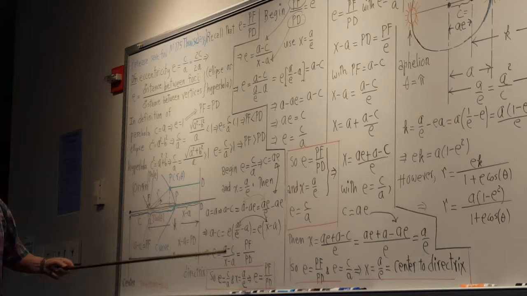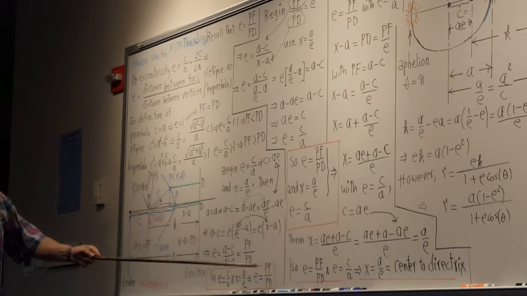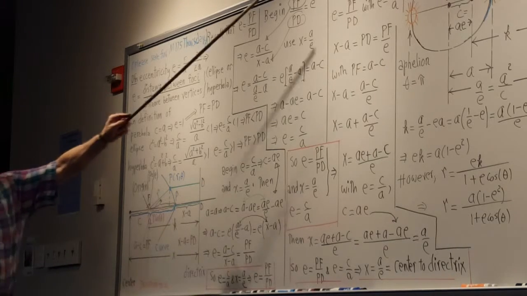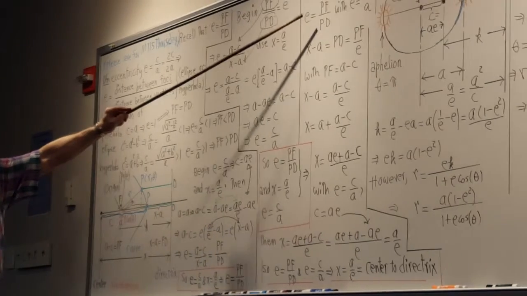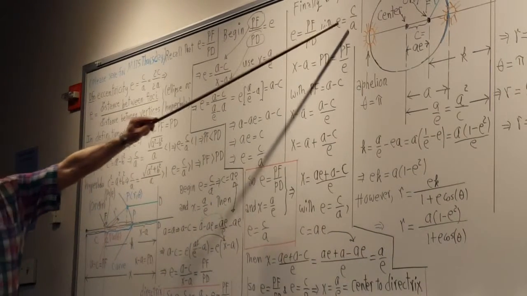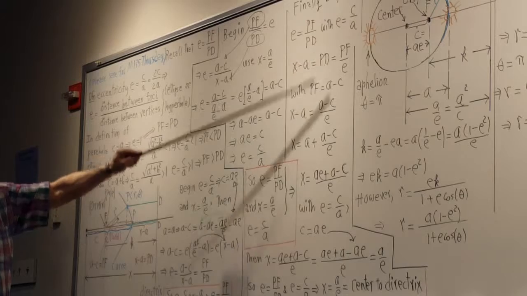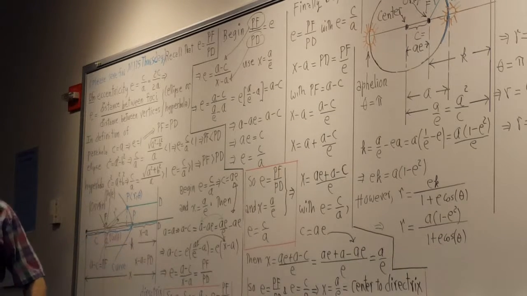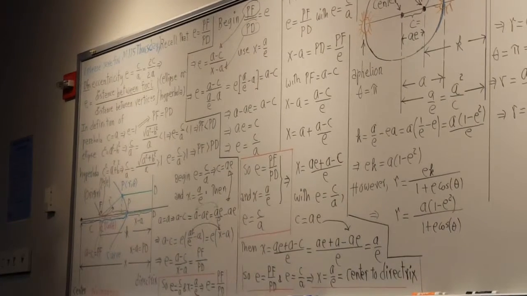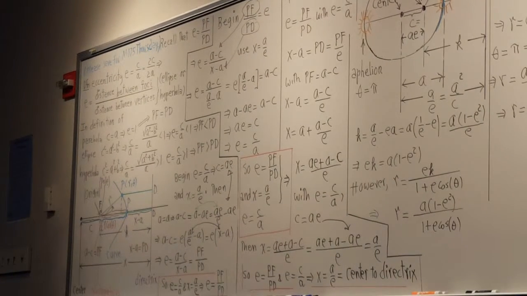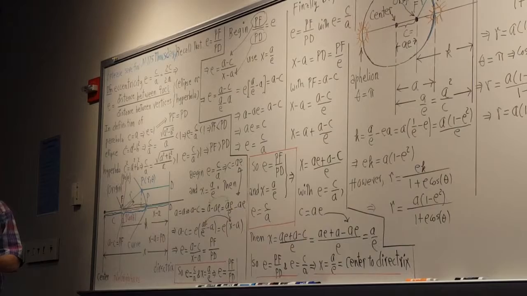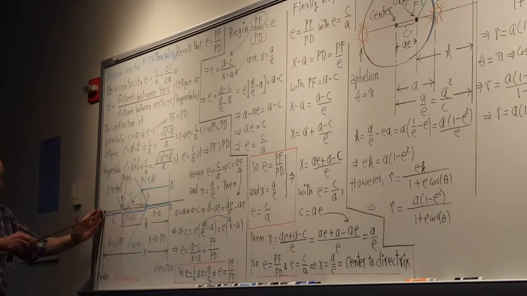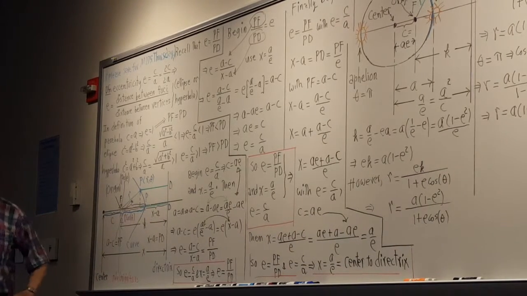And then finally, I'm going to do this one more time with e as these two ratios and conclude with those that the x has to be a over e. So you have three statements involving eccentricity, two of which are ratios, and the third of which is the center to directrix distance.